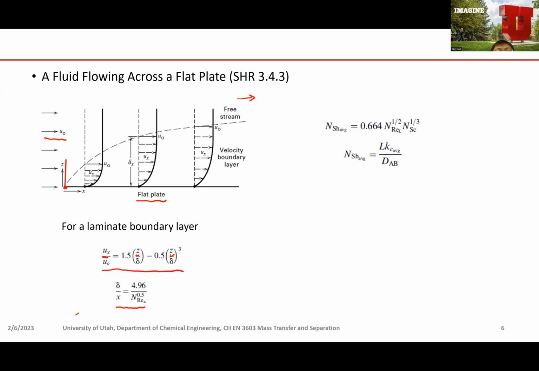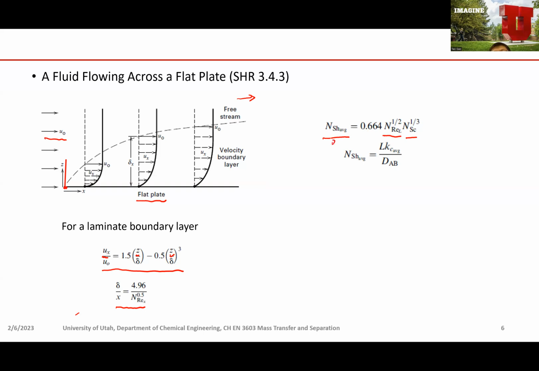Okay, now in this case, the Sherwood number can be computed by this equation, in which it's dependent on the Reynolds number and this is Schmidt's number. So again, for this type of problem, you can first compute the Reynolds number and Schmidt number, then plug them into this equation.